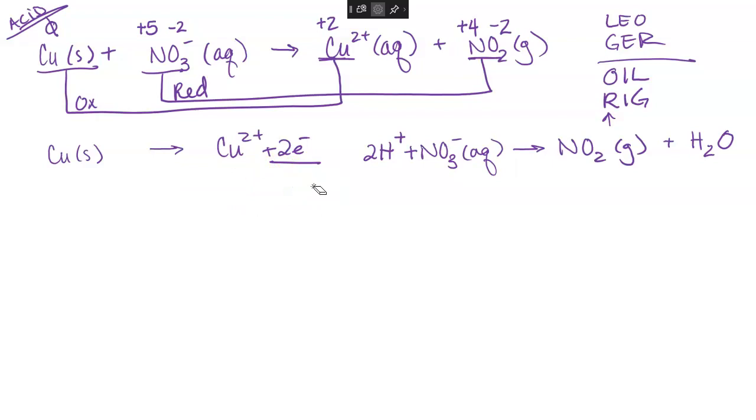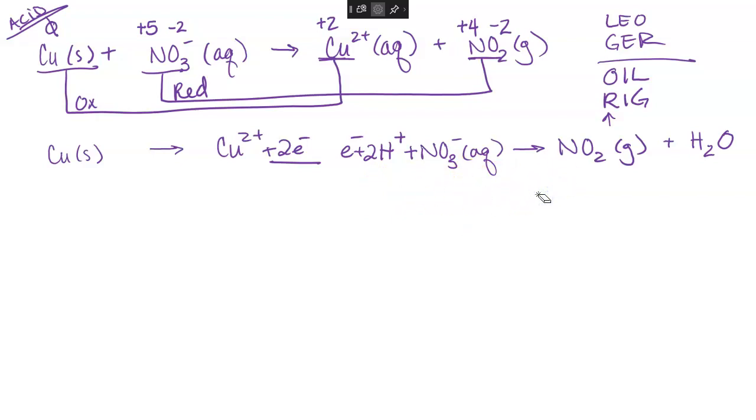On the other side, 2 positive ones plus a -1 has to equal 0. Do they equal? No, what's this charge total? +1, so what am I doing? Okay, good.